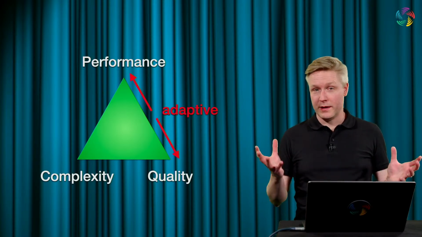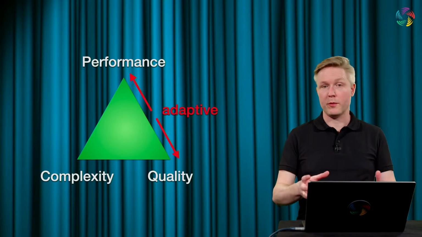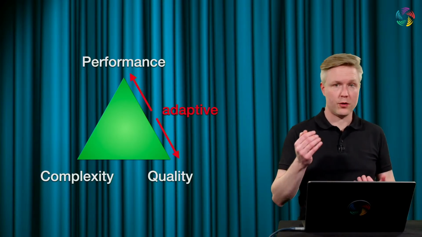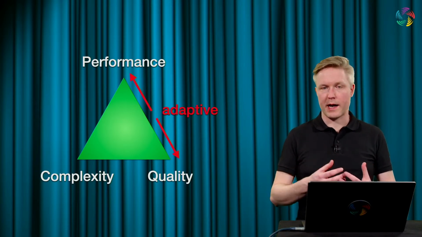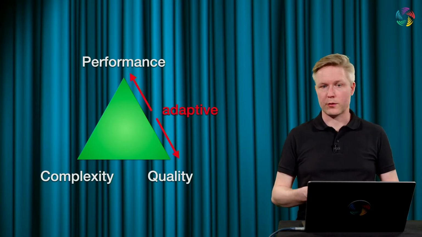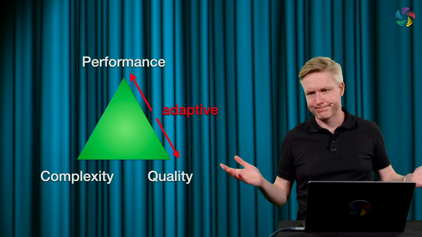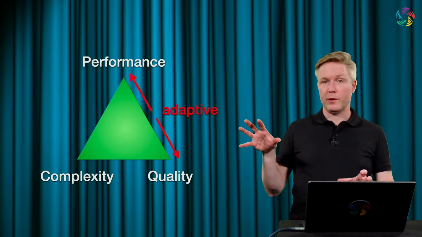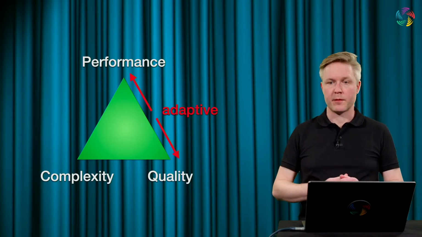So how do we tackle this? Well, the performance is tied to your hardware. So the more powerful hardware you have, the better performance we can get out of it. There's not much you can do there except change the video card. So the two things we can play with are complexity and quality.